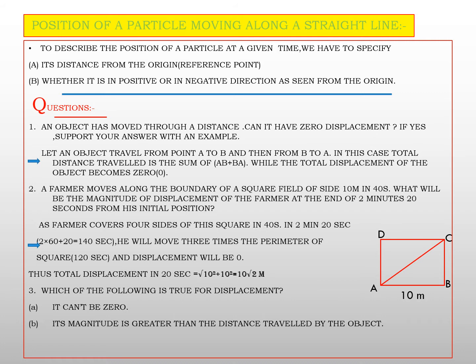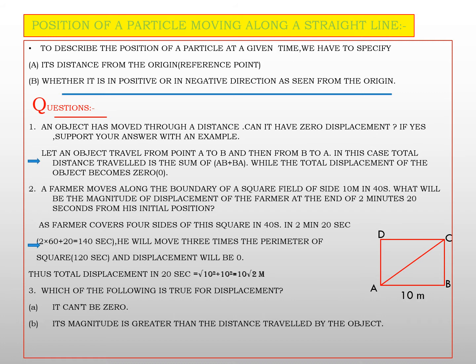Now, the answer: the farmer covers 4 sides of this square in 40 seconds, because one side is 10 meter, so the perimeter is equal to 4 into a side, that is 40 meter. Now, 40 meter in 40 seconds.